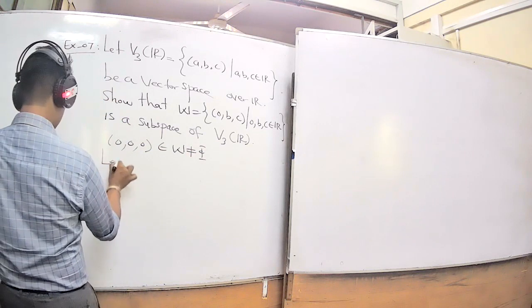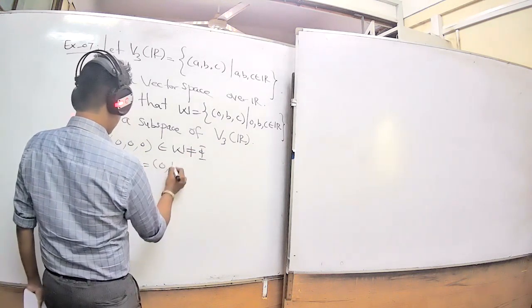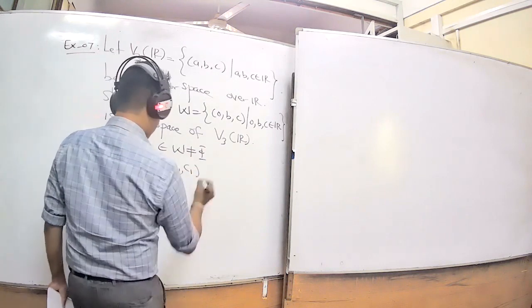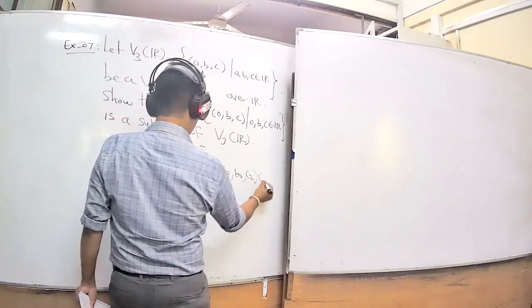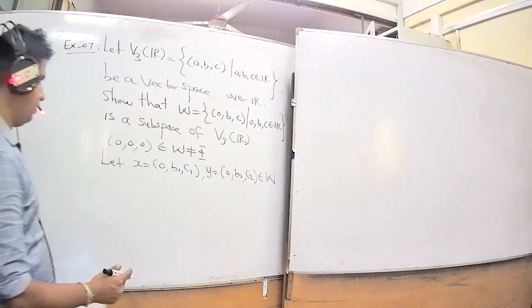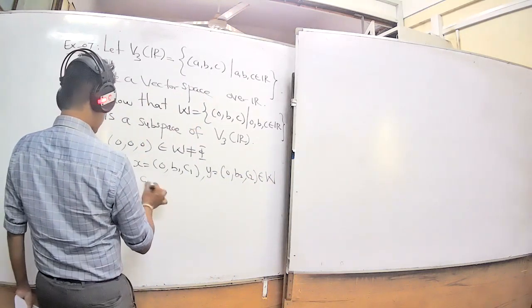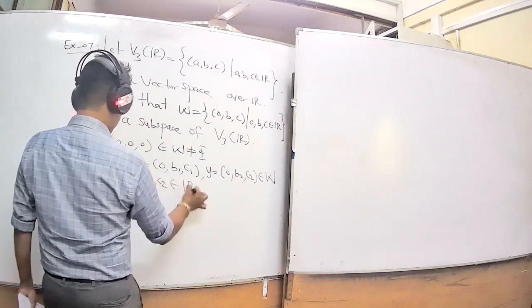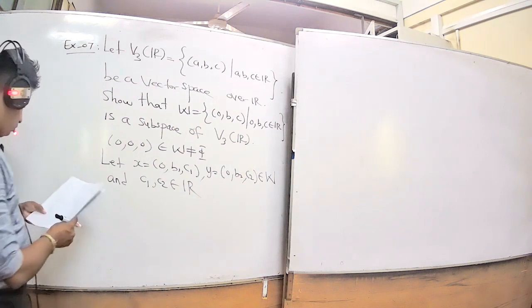Let you take two elements x equal to 0, b1, c1. Similarly, y equal to 0, b2, c2 belong to W. And alpha, beta belong to real, both are scalars.